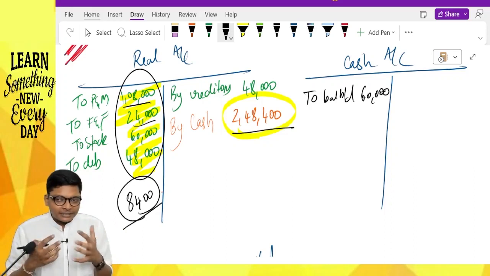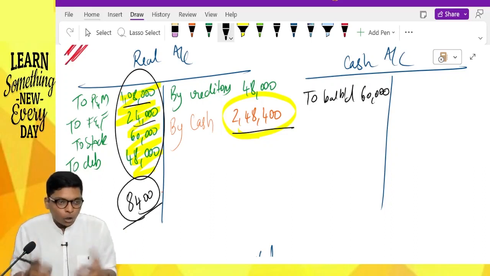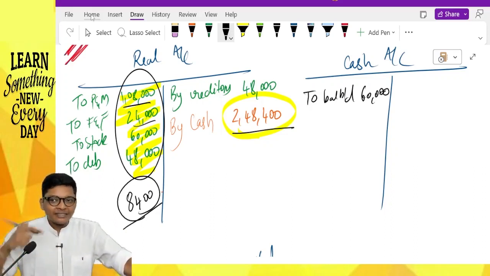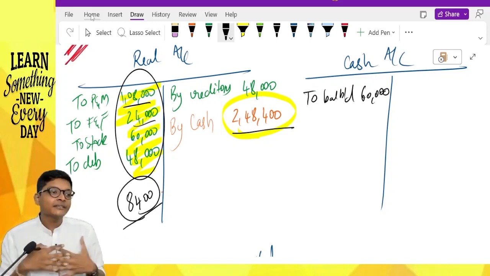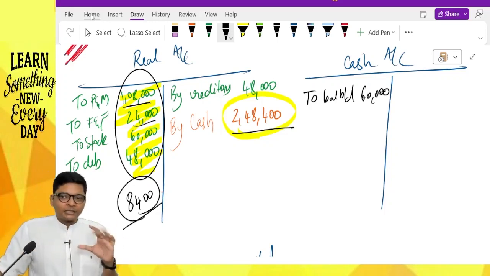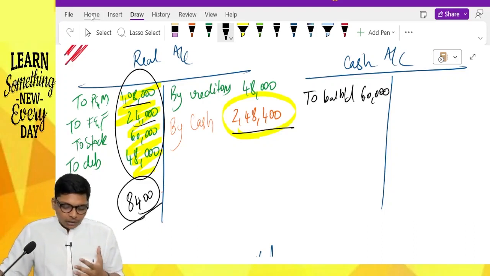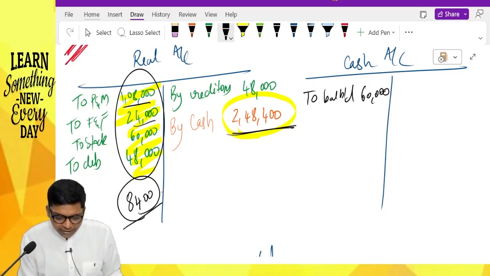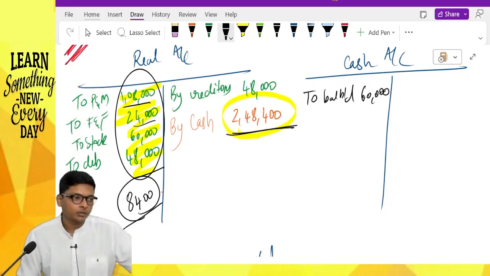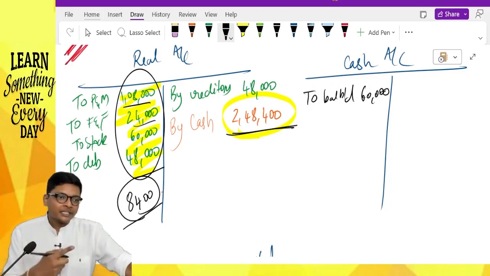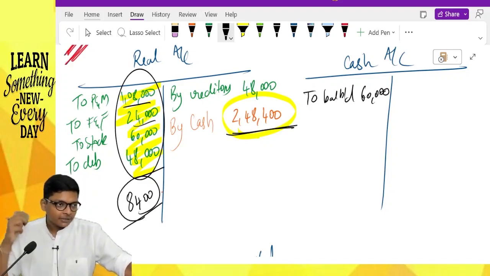Then you do each thing separately. What if one asset has profit, one has loss, or break even comes? Each sum will have different adjustments. Here, by accounting, profit is automatically computed. When you are doing net effect, you have to do computation in a working note. That is only this.